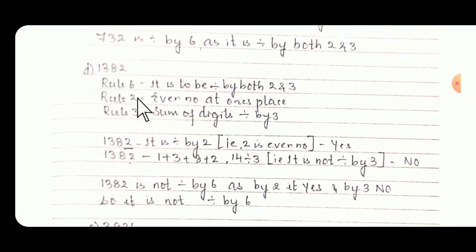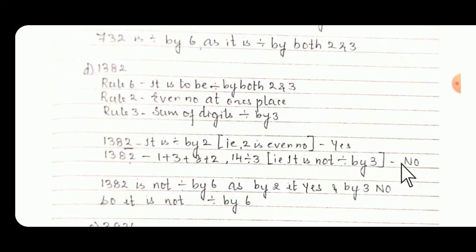1382. First write down all the 3 rules, then bring number 1382, underline the ones. It is divisible by 2 because it is an even number, so the answer is yes. 1382, the sum is 14, divisible by 3? No, it is not possible.